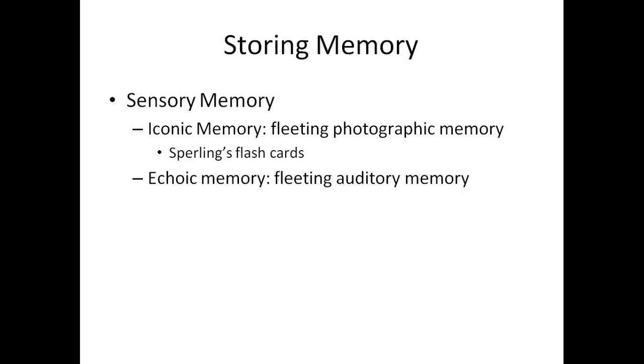This is information that you see. We all have a very brief moment of photographic memory. We can process the information that we see, we store it for a moment, but it usually is fleeting, meaning it doesn't stay. One example of this is Sperling's flashcards, which I'll show you here in a moment.